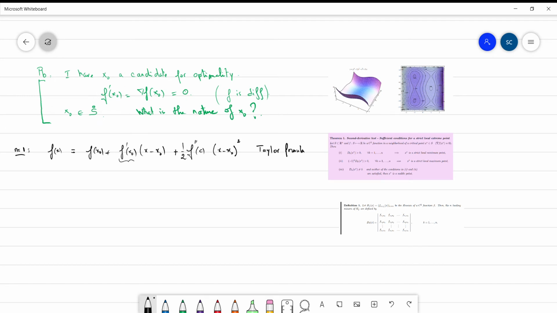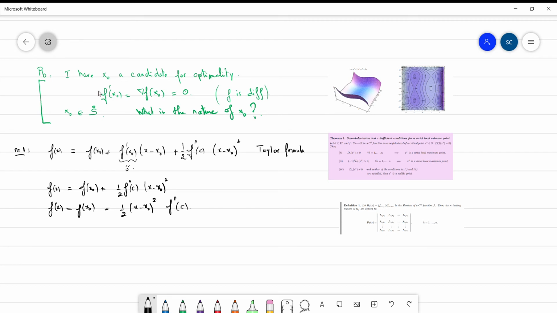Then this writing is reduced to f(x) equals f(x0) plus half of f second of c times (x minus x0) squared. So to compare f(x) and f(x0), it's enough to know the sign of f second at c.